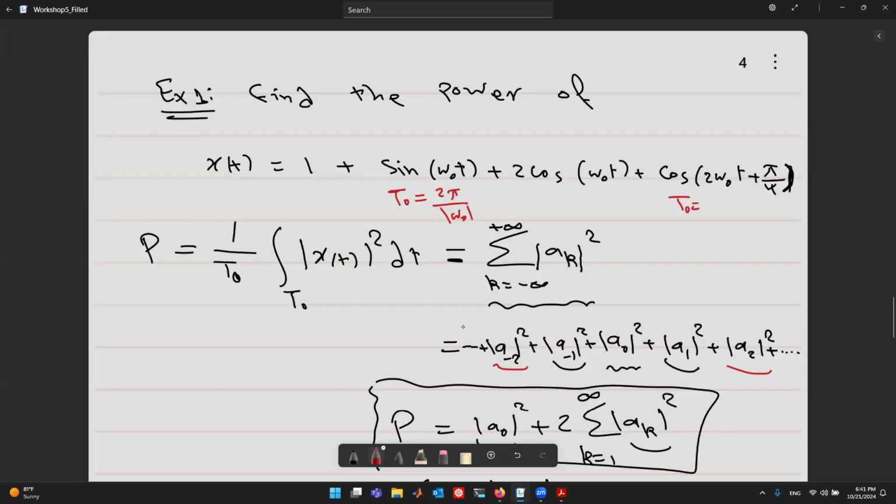For the other one, the fundamental period is 2 pi over 2 omega naught, which is pi over omega naught. Let's call this one T1. So T1 is half of T naught, because the frequency of this signal is double the frequency of this.